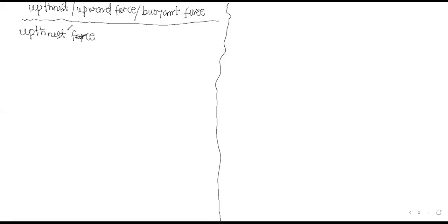Upthrust is a force produced by liquids or fluids.